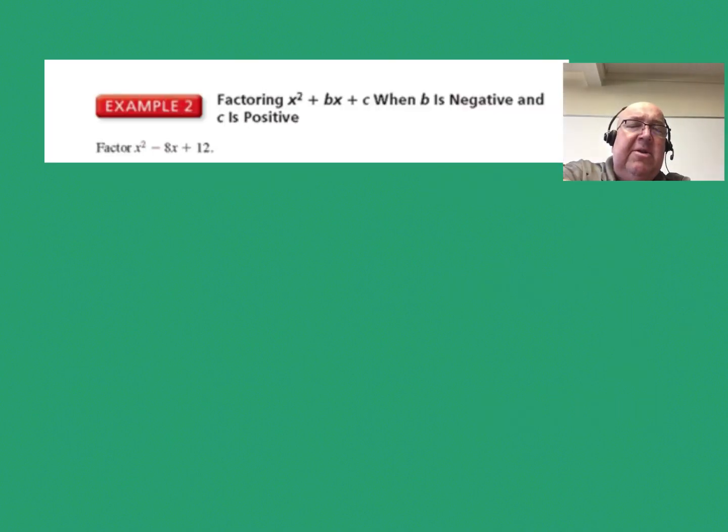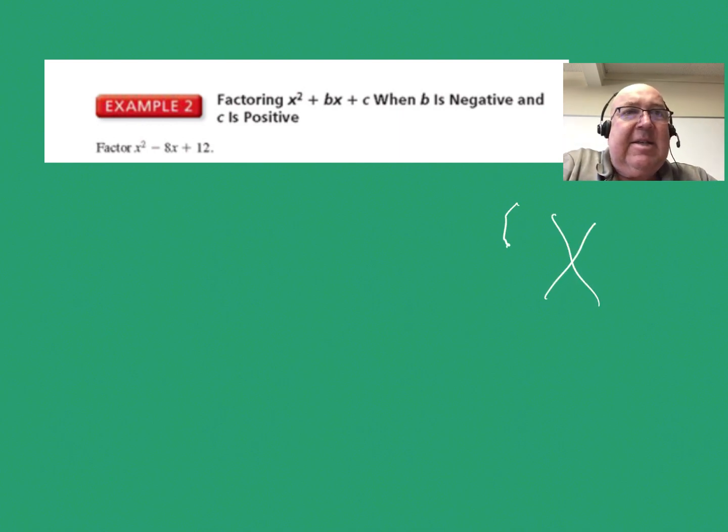Now we're going to be looking at our middle number being negative, or our b being negative, and c being positive. If that's the case, then the two things that multiply to equal our c have to be both negative numbers. So again, we're going to do the same thing we did before, except we're going to have negative 8 and 12.